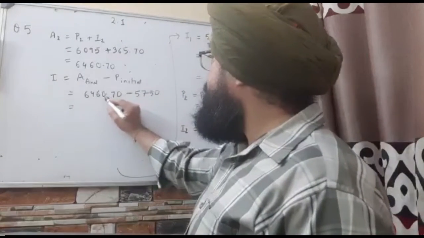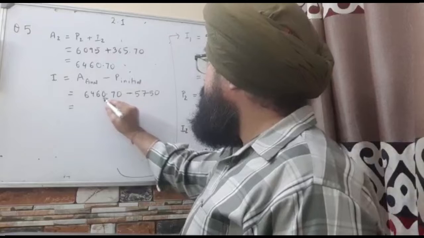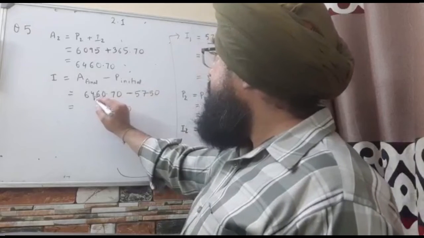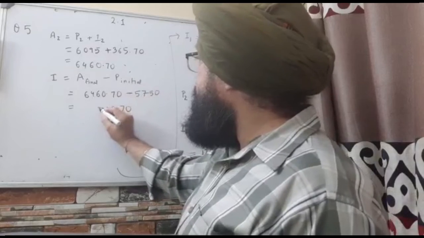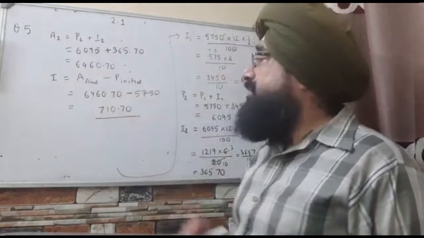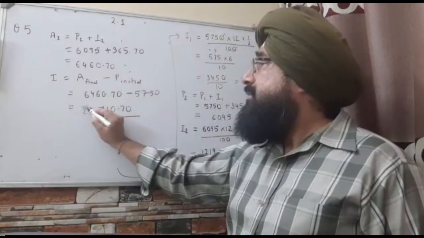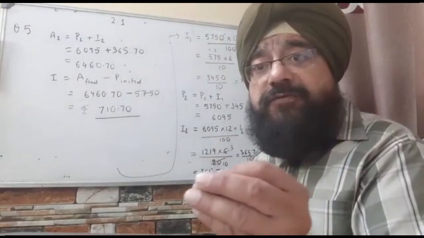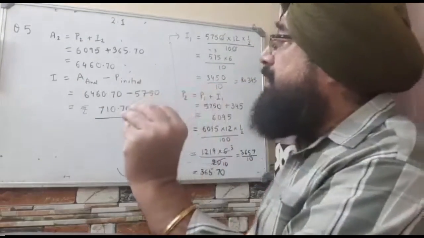This comes out to be 0.70 for sure. 0 minus 0 is 0, 6 minus 5 is 1, and you see 14 minus 7 is 7, and this becomes 5 minus 5 is 0. 710.70 rupees. This is one way of finding the total interest due at the end of 1 year if payable half yearly.